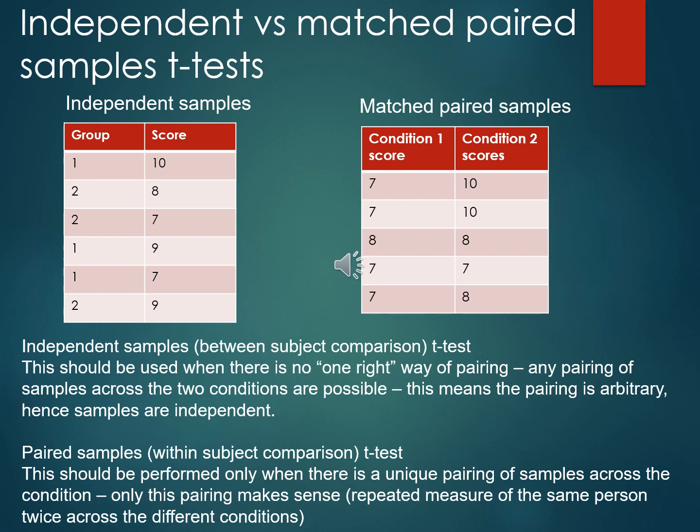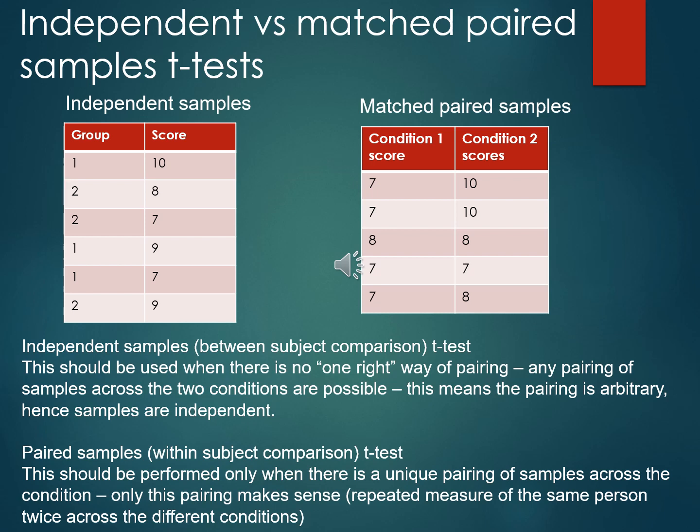Here we have six people, and they have different scores, such as the first person having 10, the second person having 8, and so on. The first column is the variable designating group, either group 1 or group 2. This means all the people are randomly assigned to either group 1 or group 2, so it's an independent groups design.